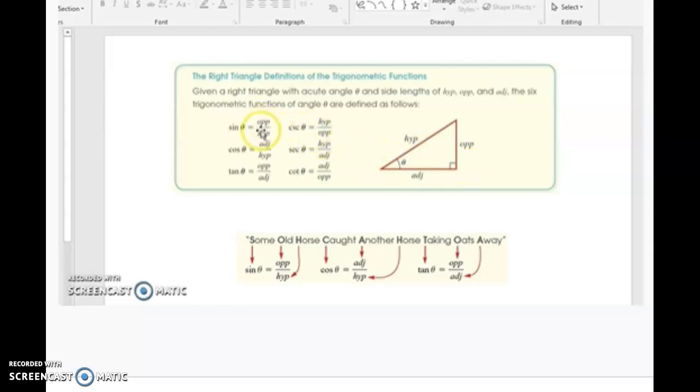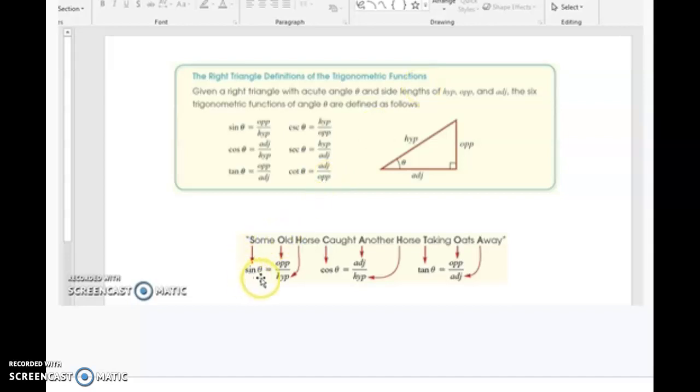To help you remember these definitions, some people use the sentence, "Some old horse caught another horse taking oats away." Of course, the first letter of each word in this sentence reminds us of our trigonometric functions and their definitions.